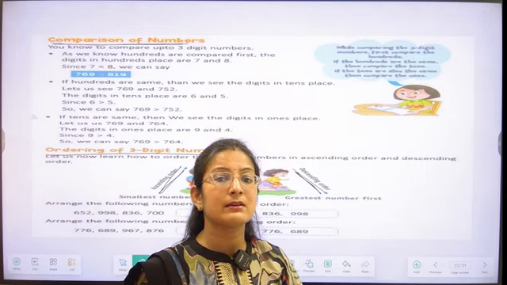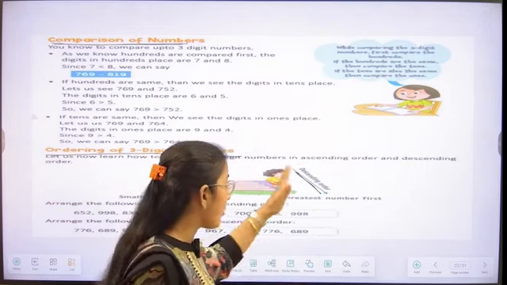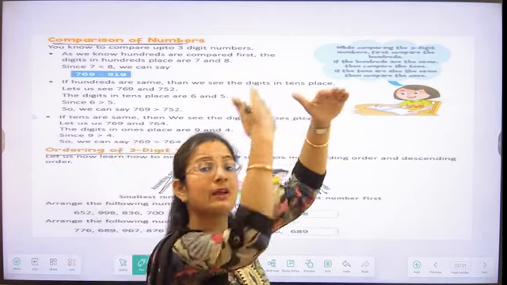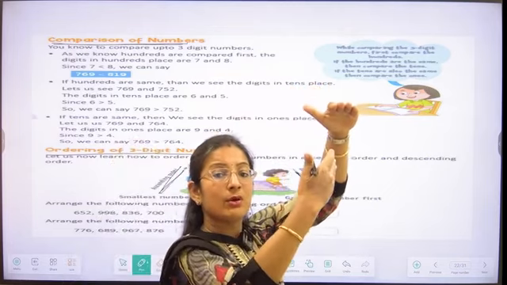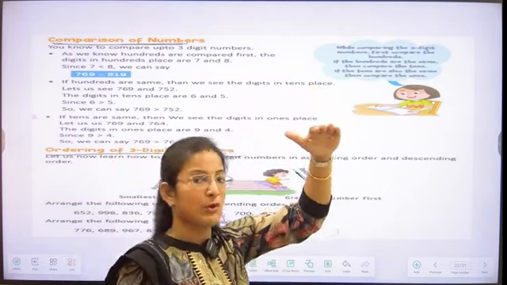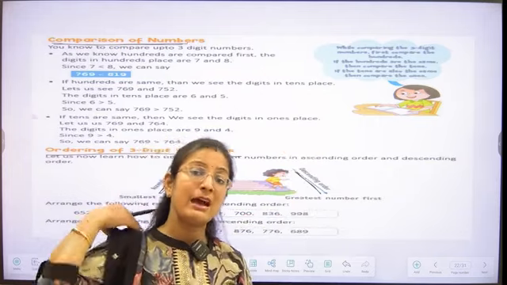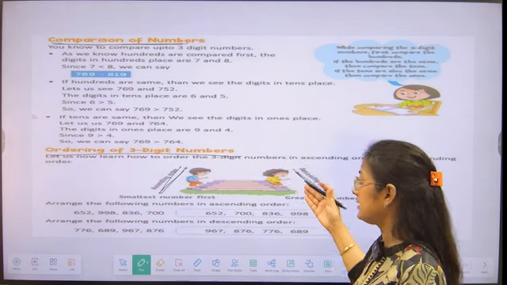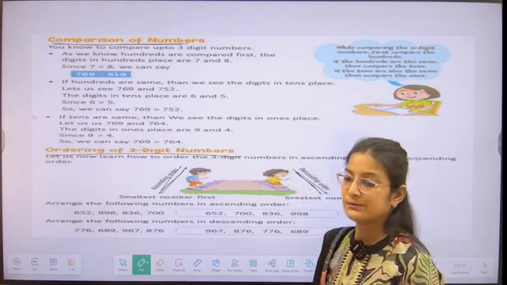Similarly, for descending order, we write the greatest number first, then smaller, then smallest. So we can arrange numbers in ascending order as well as in descending order.